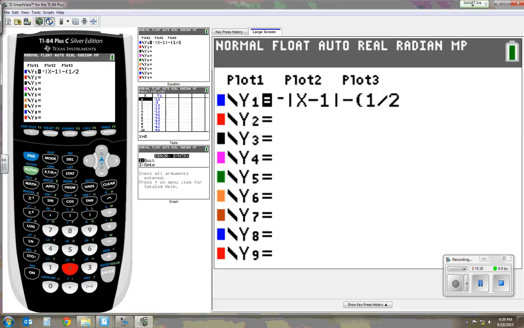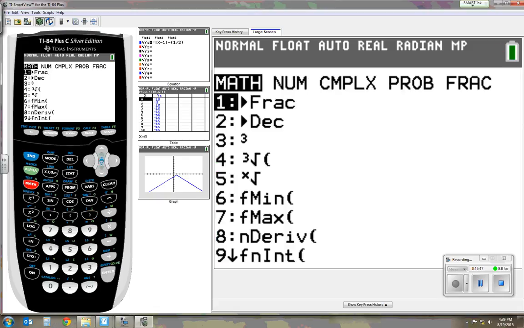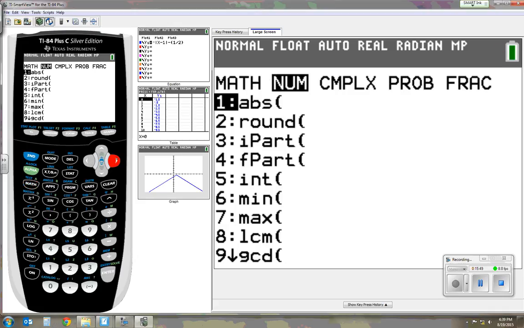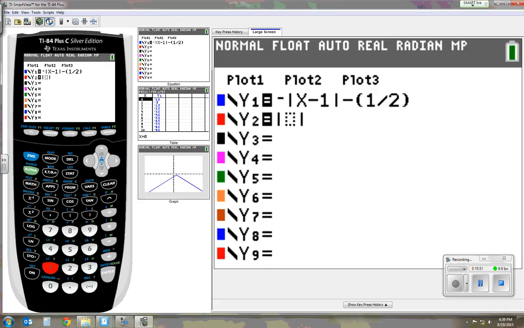Okay? And then in my y sub 2, I'm going to put the parent function so we can compare it. So I'm going to graph this.